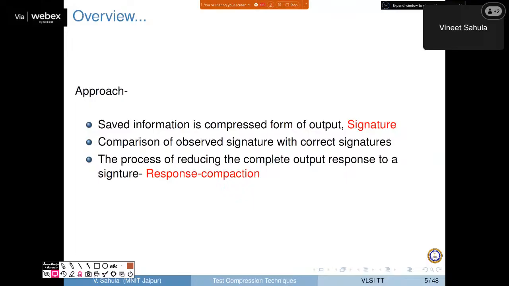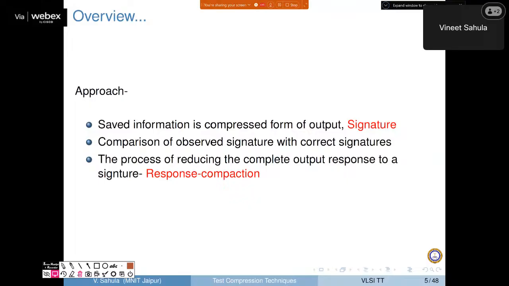So if I store my golden output in a kind of a compressed form, I call it signature, right? The comparison of the above golden signature, we do it with on the fly generated signatures.